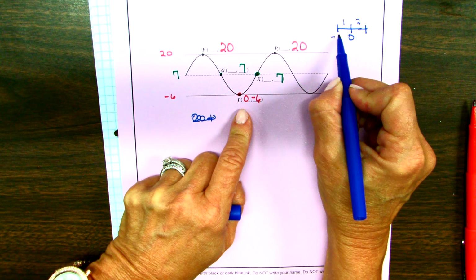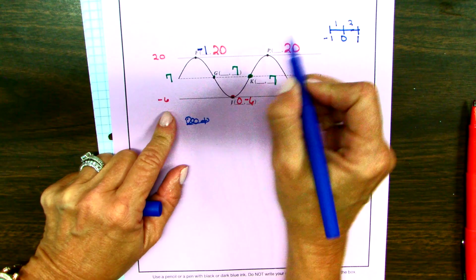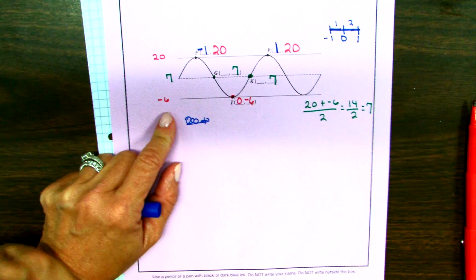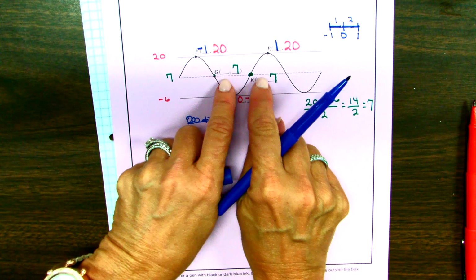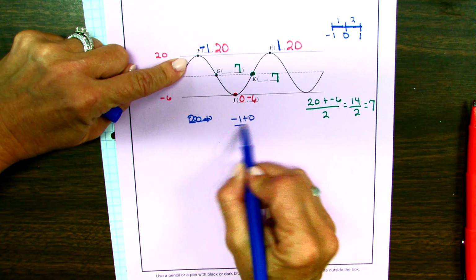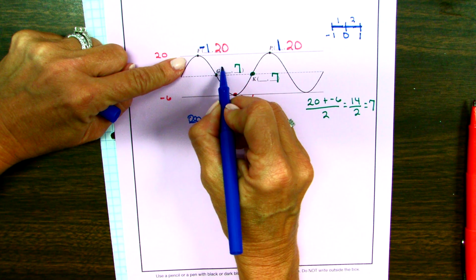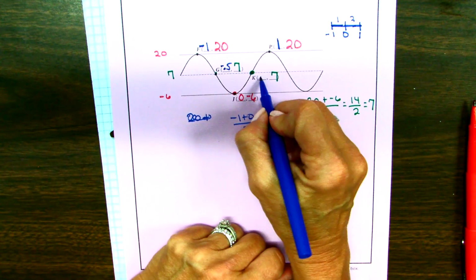This would be -1, and this would be 1. So from -1 to +1, that's 2 seconds. And then how do I find this one? -1 plus 0 divided by 2 is -0.5, or -1/2. And then between 0 and 1 would be 0.5.